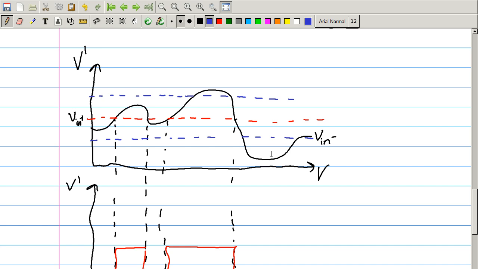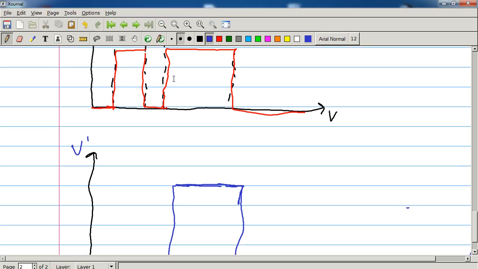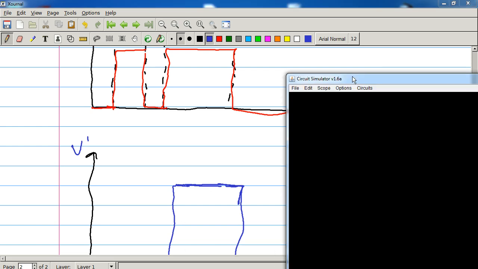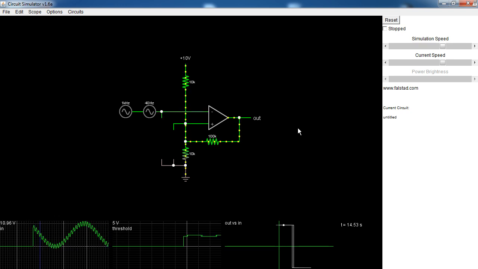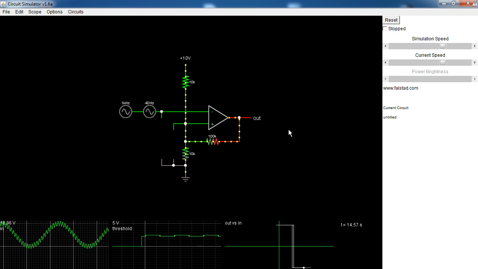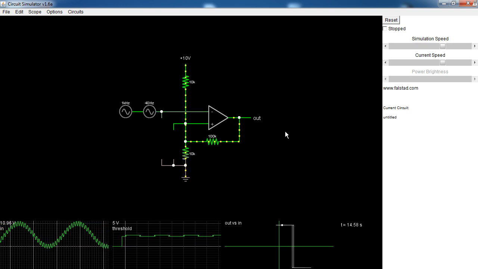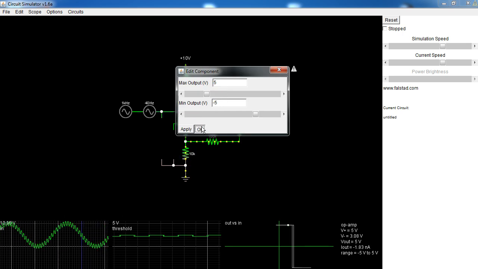Hysteresis works wonders. Okay, so I have in the wings Falstad's circuit simulator with, there we go, a Schmitt trigger here using an op-amp. This is an inverting op-amp, and this is using, if I remember correctly, a bipolar supply, in this case 5 volts to negative 5 volts.